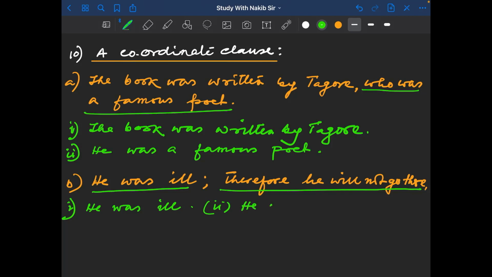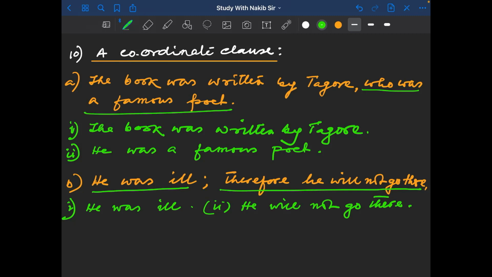Okay. To break a compound sentence is easier, I said, because in a compound sentence, the small sentences, those are the coordinate clauses, are only joined, only coordinated. So take the coordinating conjunction out and the clauses will be separated into sentences like this.